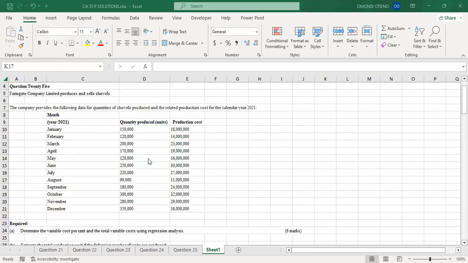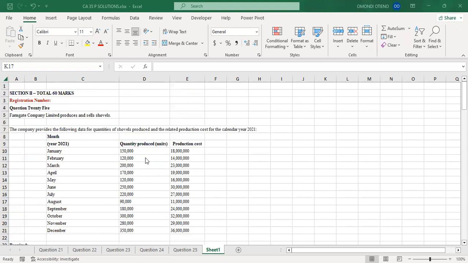So this question was basically testing you on the management accounting concept under topic number 3 in the intermediate level called cost estimation. In cost estimation, this is where we estimate the costs incurred by an organization to produce a given product.